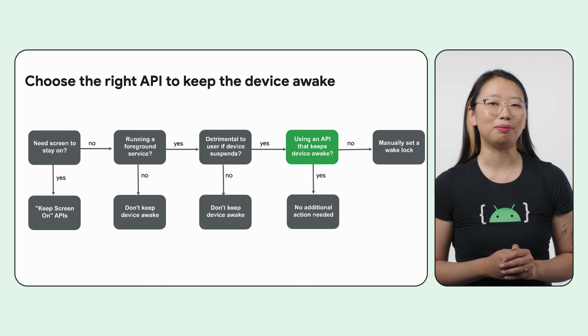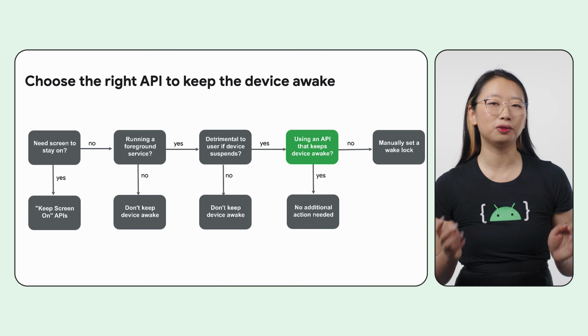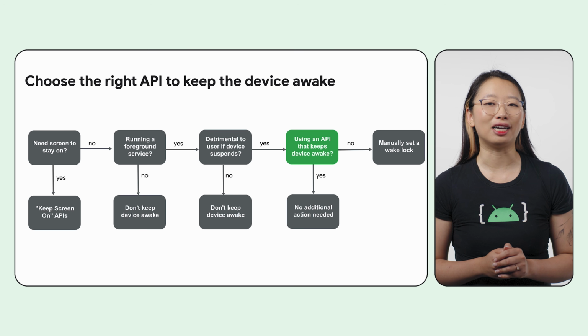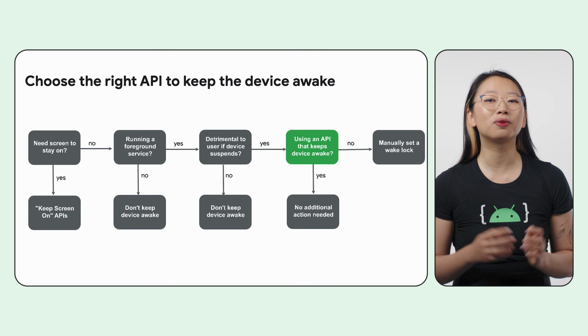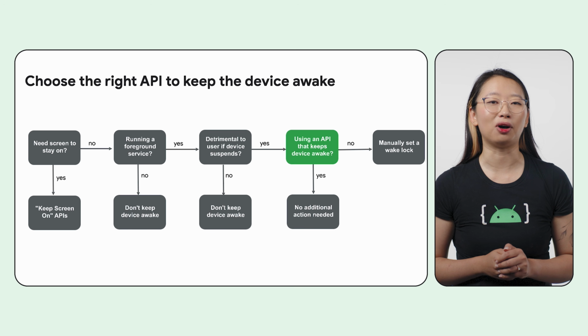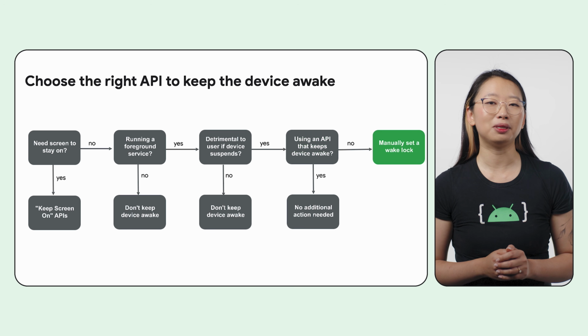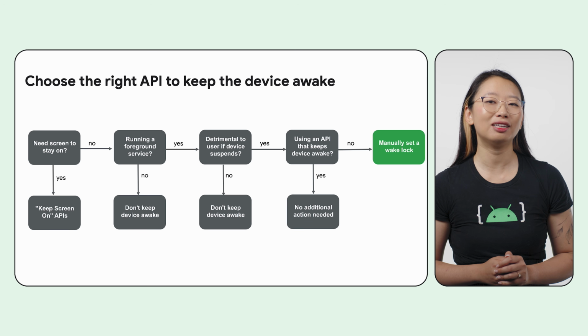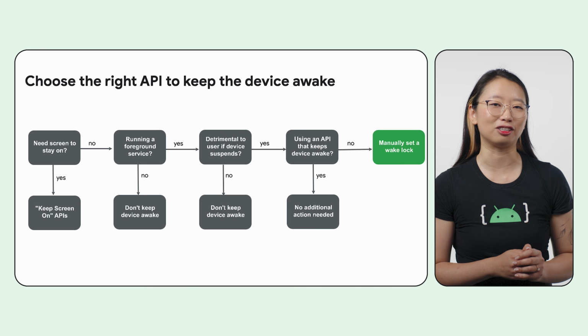Is there already an API, such as WorkManager or Fuse Location Provider, that can keep the device awake on your behalf? Using task-specific APIs that handle wake locks for you is a great way to avoid bugs and make your wake lock usage as efficient as possible. You should only be acquiring a wake lock manually once you've gone through all of these questions and arrived at the manual wake lock answer.